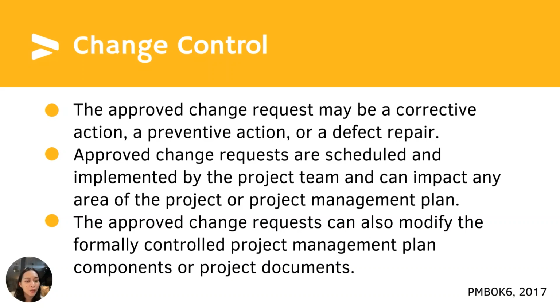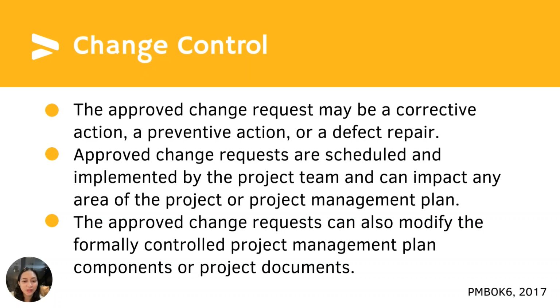So here in change control, the approved change request may be a corrective action, a preventive action, or a defect repair, which we will be discussing deeper on the next slide. Approved change requests are scheduled and implemented by the project team and can impact any area of the project or project management plan. As we have discussed in the previous slide, it may or may not affect the baselines that you have identified in your project.